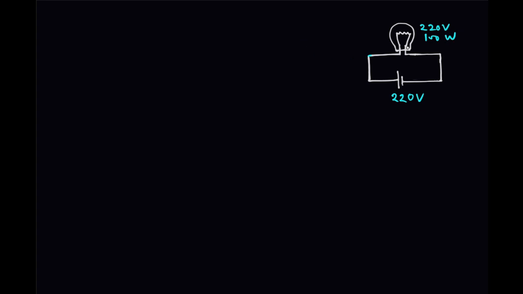So if this bulb is connected to a 220 volt DC supply, this is plus, this is minus. So this side is connected to one end and this side is connected to the other end. So the voltage across the terminal points, how much? This is 220 volt. Okay.